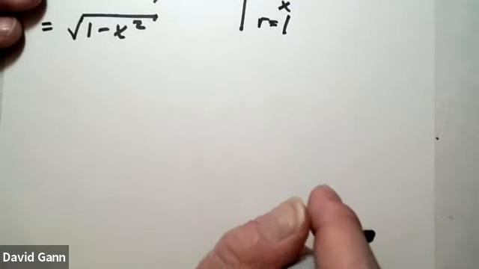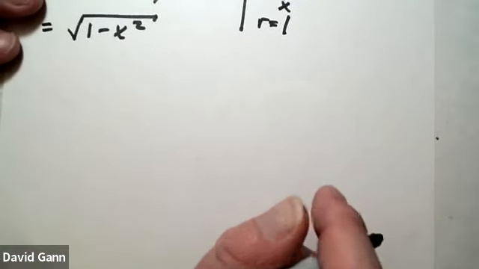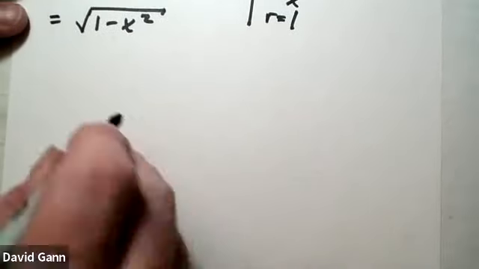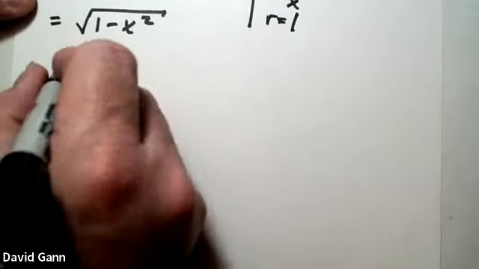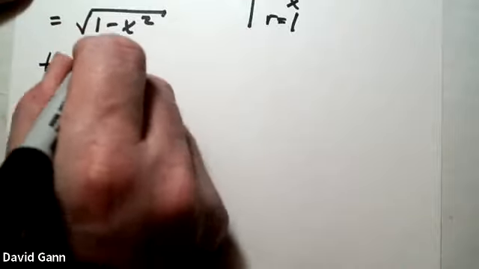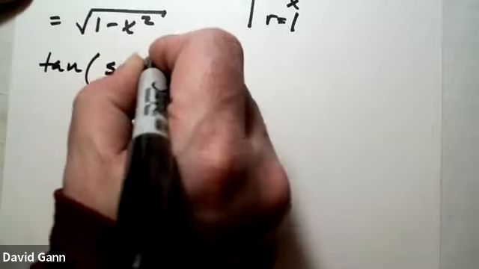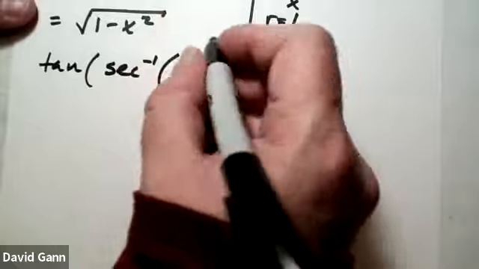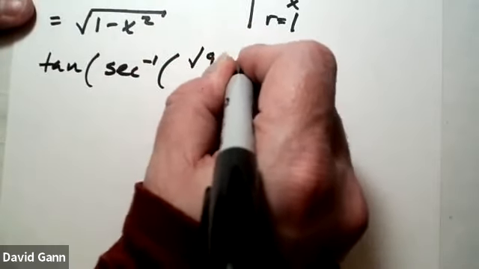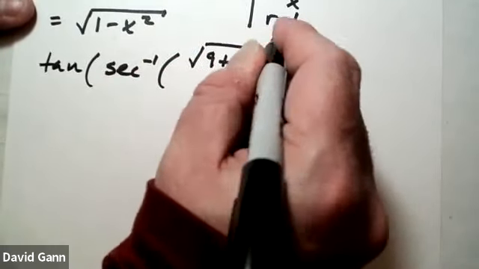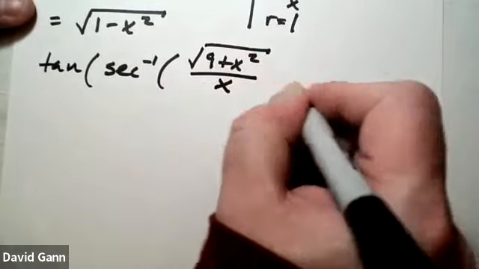Okay, so let's try one more like this, and then we're going to call it quits. I think this video might be running long, but this is the last problem for section 6.1. So let's take a look at the tangent of the inverse secant of some bizarro thing, square root of 9 plus x squared all over x.